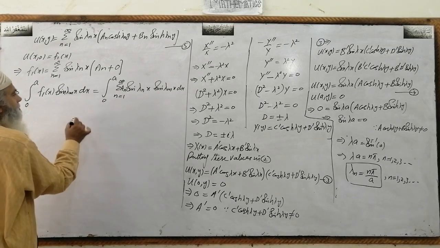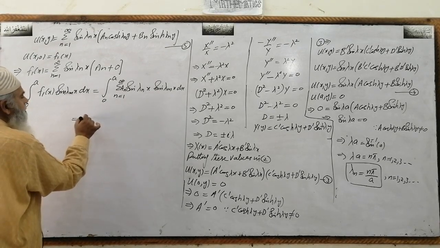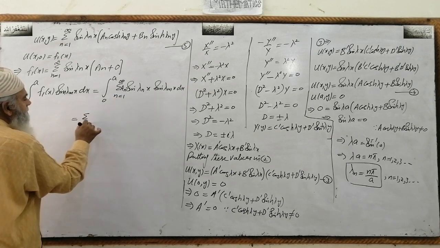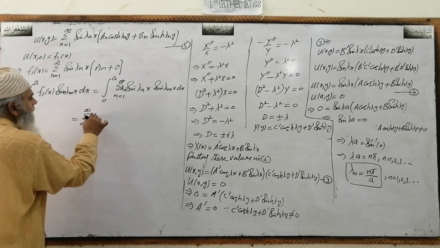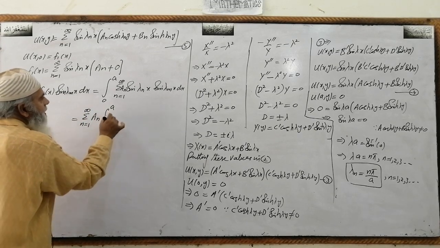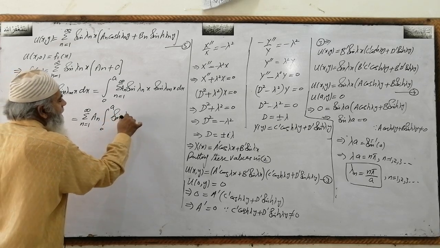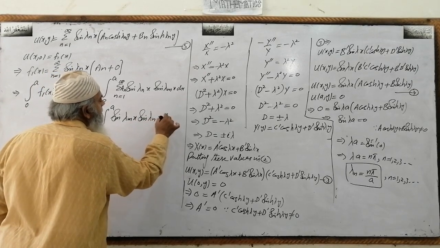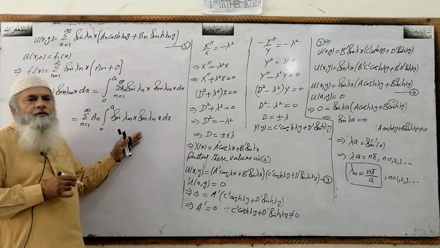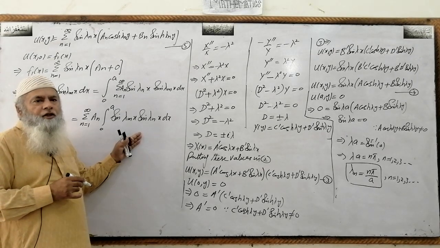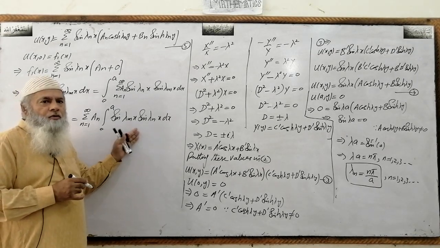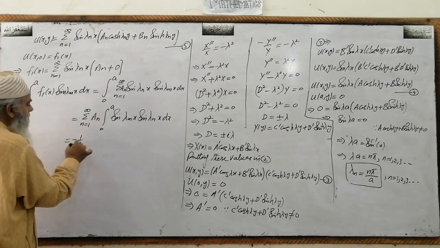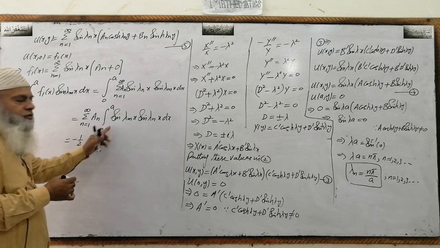Now what will happen here? You can take sigma out of the integral. Sigma n varies from 1 to infinity a_n integral 0 to a sine lambda m x sine lambda n x dx. Now how can you integrate this? You use the trigonometric formula from product to difference or sum. In order to make this formula, we have to multiply it by minus 2.